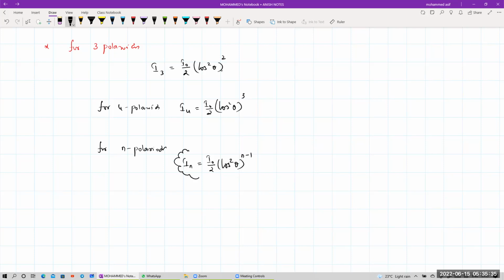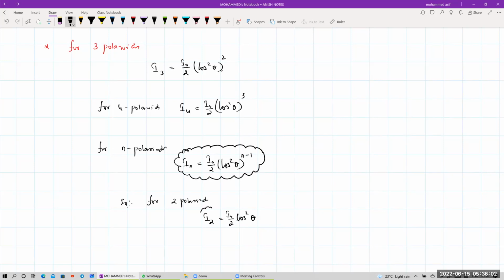For example, for 2 polarizers, in the place of n you keep 2, so it is I0 by 2 into cos square theta to the power of 2 minus 1, which equals I0 by 2 into cos square theta.